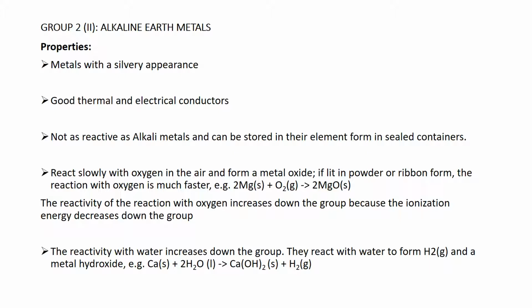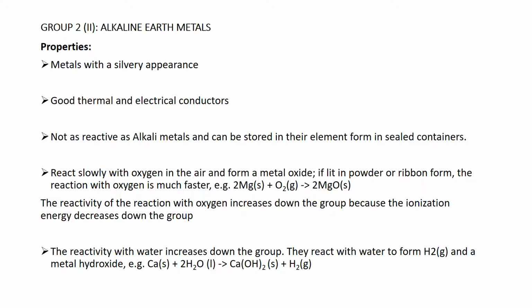So they do not react very violently, so we can even store them in sealed containers. Remember, the alkali metals, we need to store them under oil mostly because their reactions are very, very violent and dangerous. They react slowly with oxygen in the air and form metal oxides.